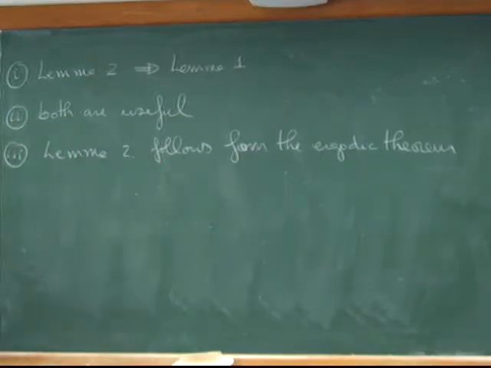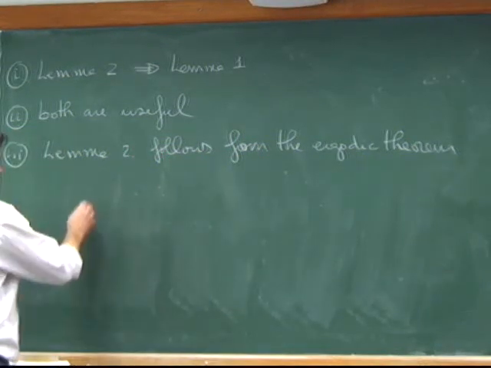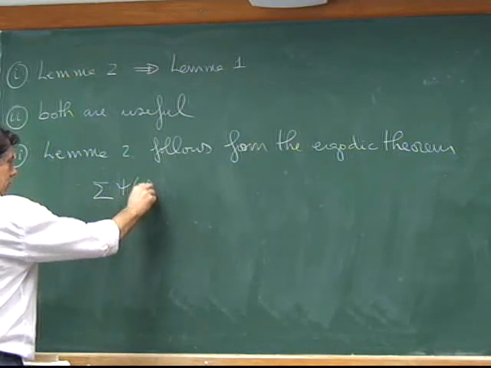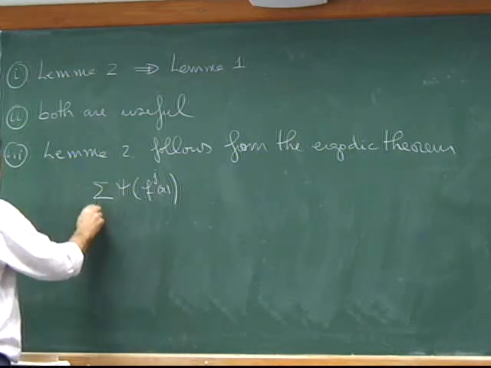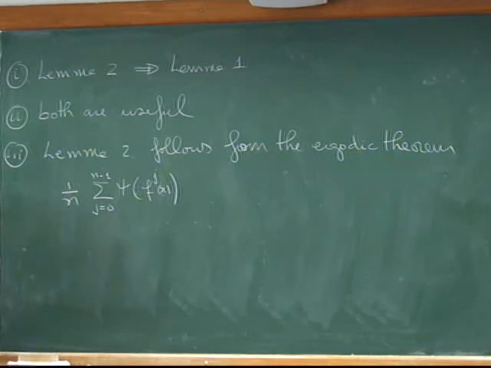That's what I started to do last time, but let me remind you what the argument is. You take C calculated at f^j of x, j from 0 to n minus 1, 1 over n.